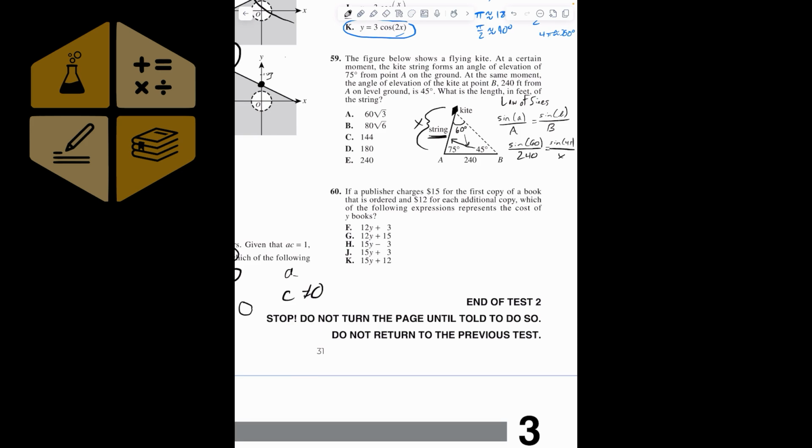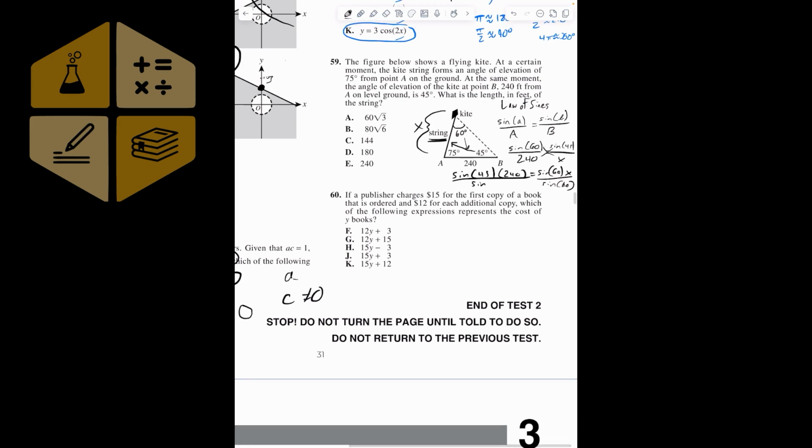Now we have a simple algebraic question where we can cross multiply and solve for x. If I cross multiply, I get that the sine of 45 times 240 is going to equal the sine of 60 times x. Then if I divide both sides by the sine of 60, I've solved it for x.